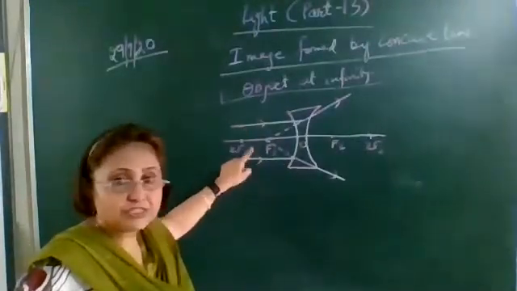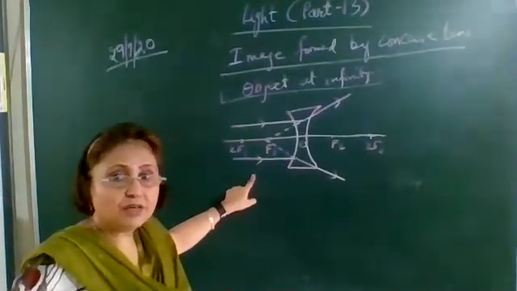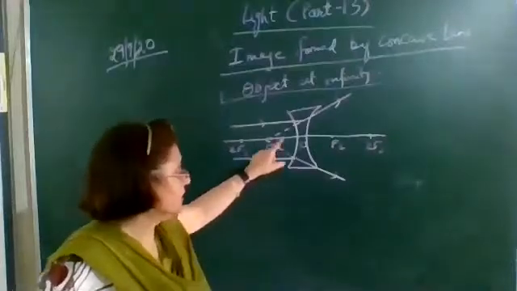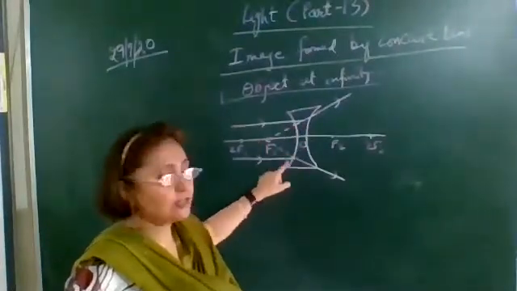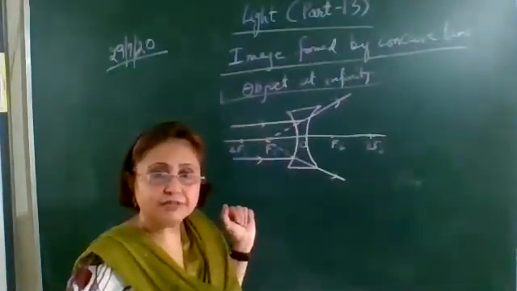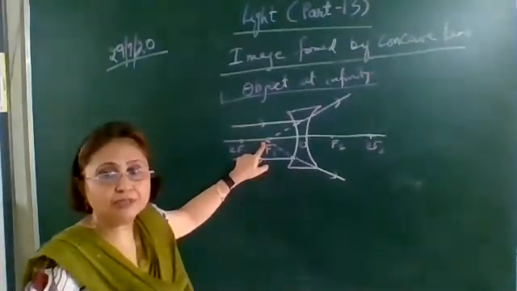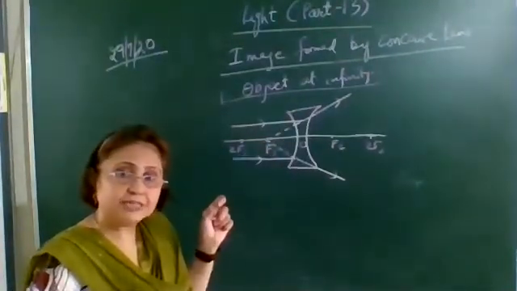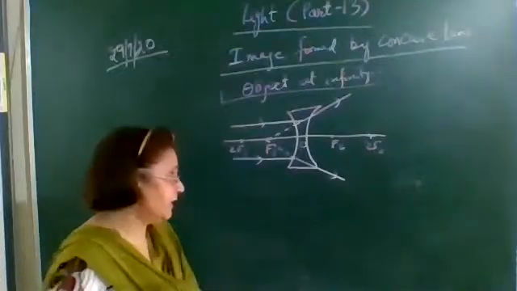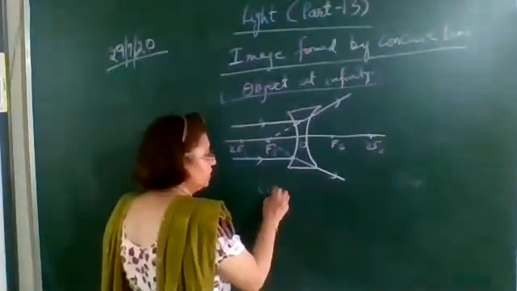So the two incident rays which we have considered are parallel to the principal axis. They diverge and appear to pass through the focus on the same side. Wherever the rays appear to meet, the image is formed, and since they only appear to meet, the image formed is virtual and erect. So, the 3 points about the image.